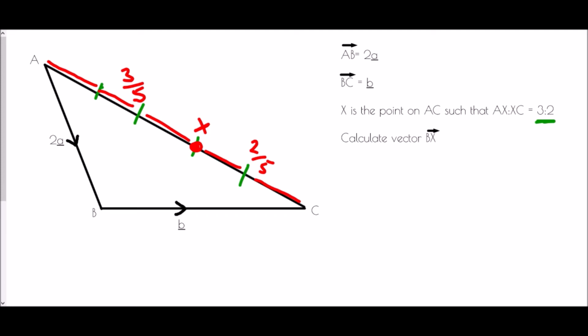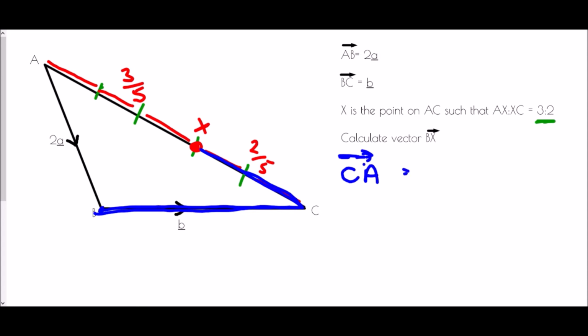Now, we are looking for the vector bx. So eventually what I want to do is be able to get from b to x. And so in order to do that, I'm going to have to take 2/5 of CA. And so the first thing I want to know now is, how do I get from C to A?